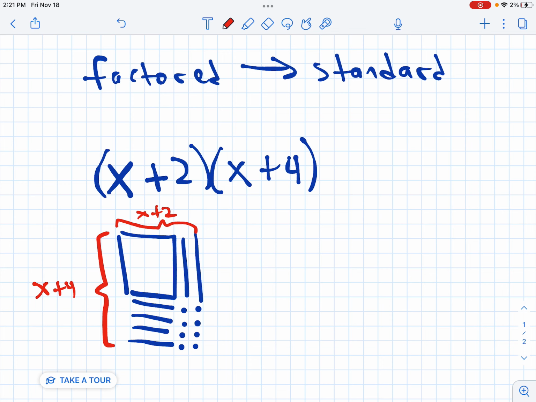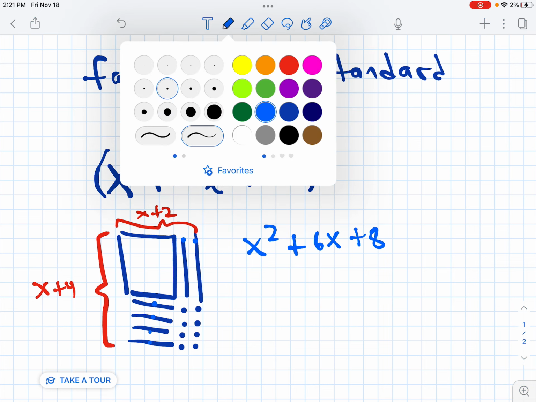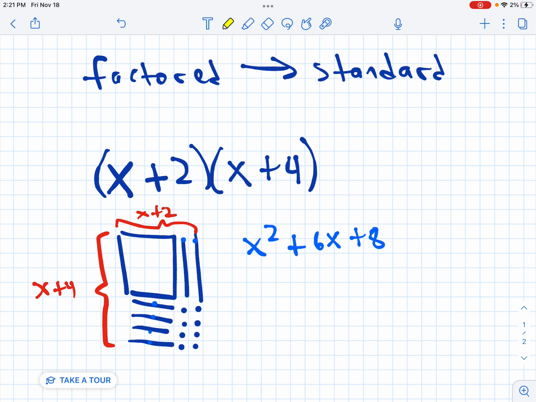So when I do x plus 2 times x plus 4, what I'm going to get from this is x squared plus 1, 2, 3, 4, 5, 6x plus 8. Now, obviously, there's a faster way of doing this besides drawing the picture. What you're really doing is taking that 2 and the 4.